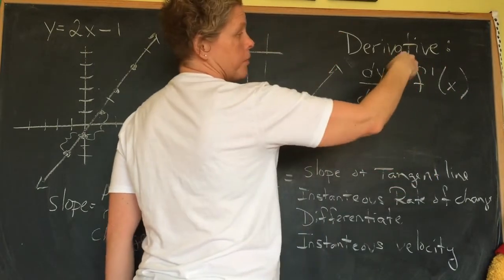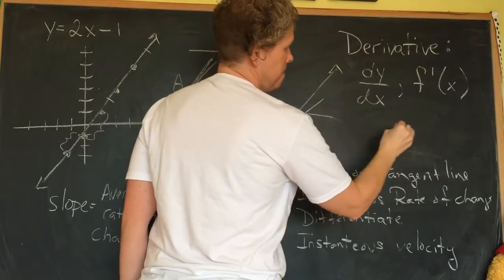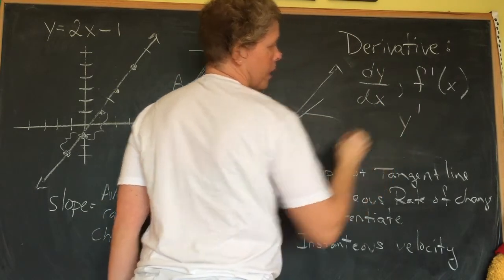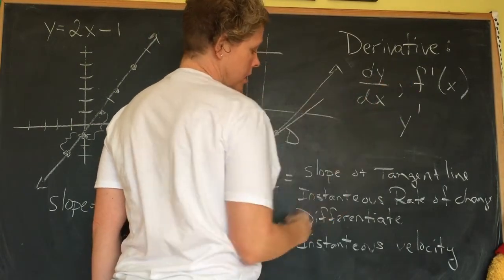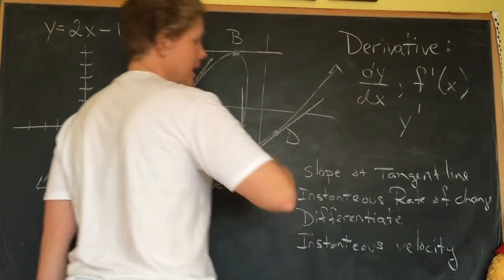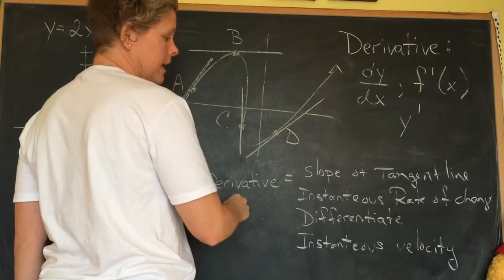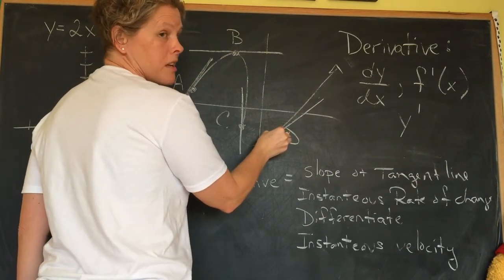You might see f prime of x. That means find the derivative. You might see just y prime. That means find the derivative. So we have some notation and we have some words that all mean take the derivative. And remember, when you're taking a derivative, all you are finding is the slope of the tangent line or the slope at a specific point.